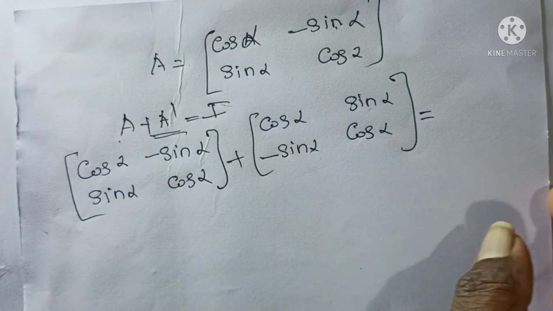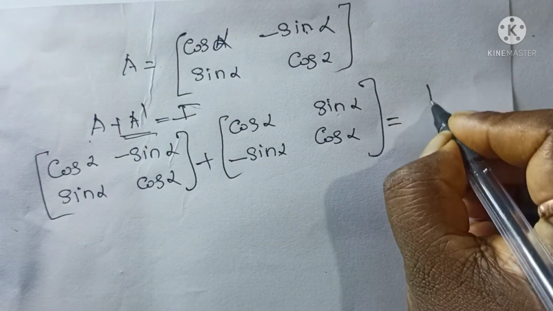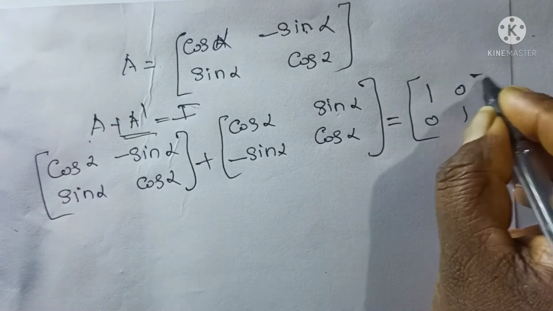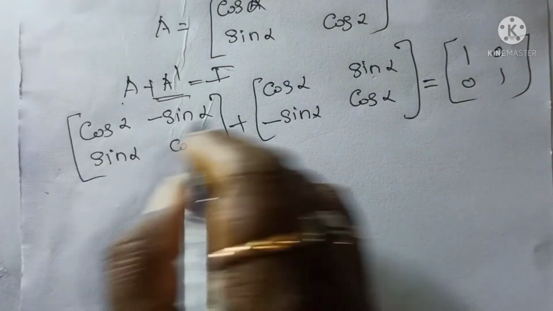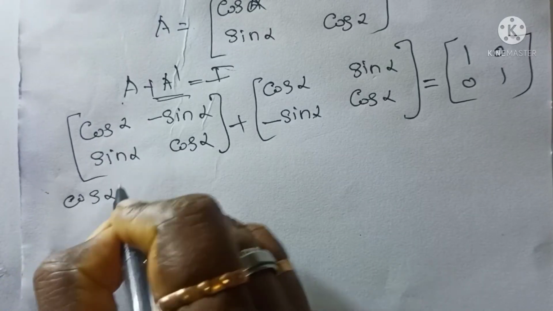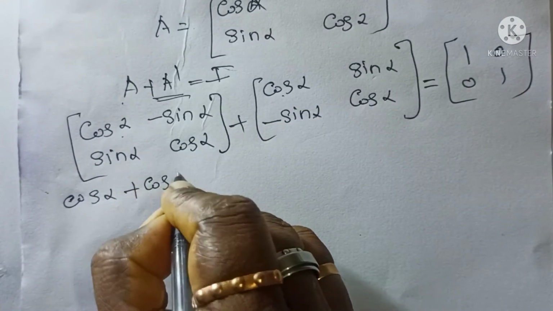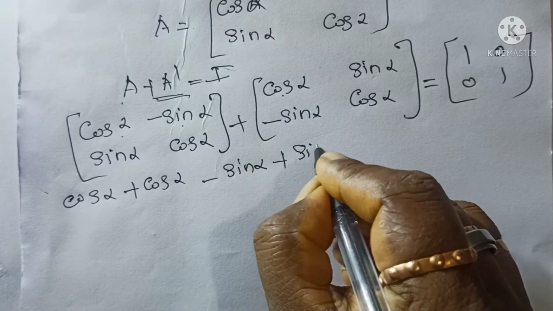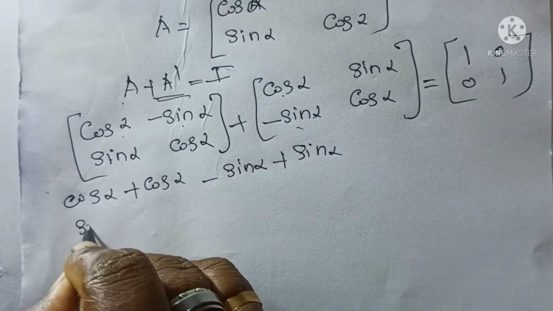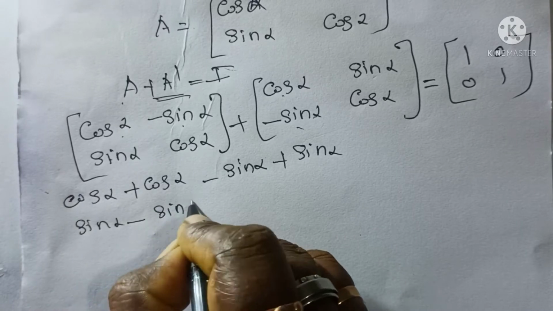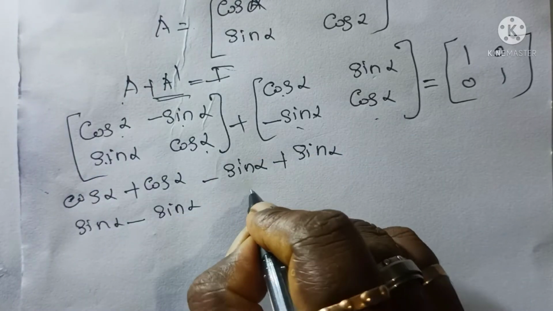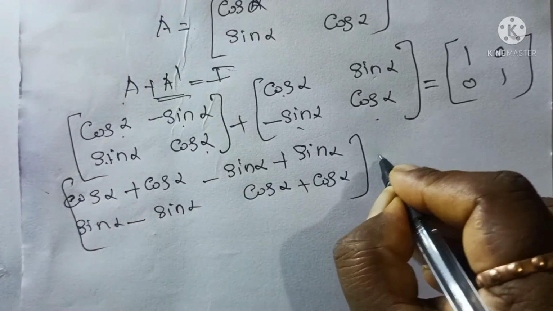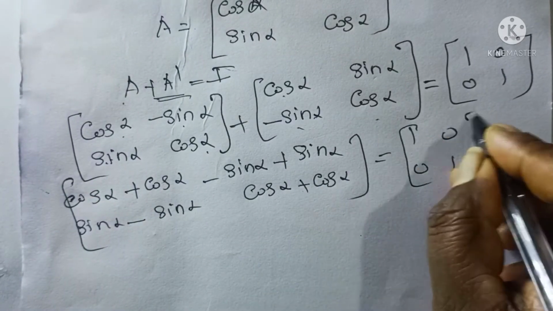Here it is a 2 by 2 matrix, correct? So write the 2 by 2 identity matrix. Then you have to add this. So cos alpha plus cos alpha, minus sin alpha plus sin alpha, sin alpha minus sin alpha, then cos alpha plus cos alpha, which is equal to 1 0 0 1.